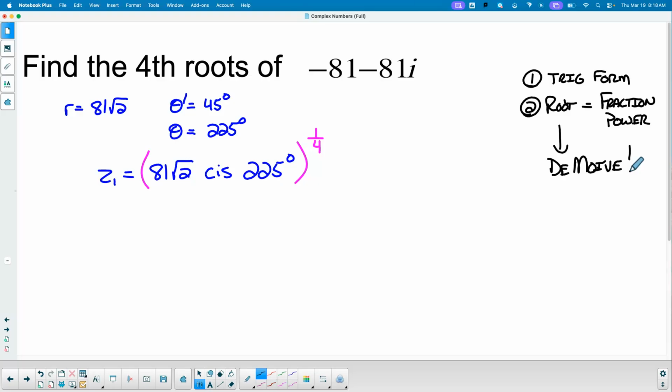Okay? So when we're taking the root, then we need to take the fraction power.